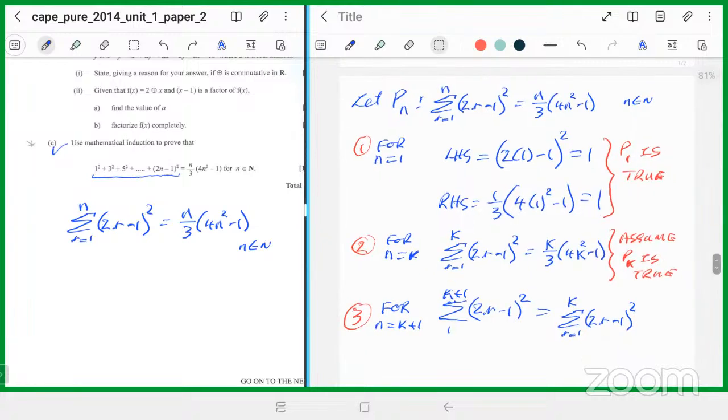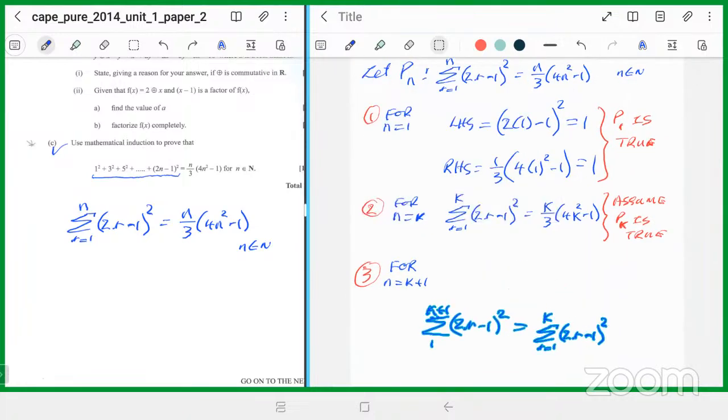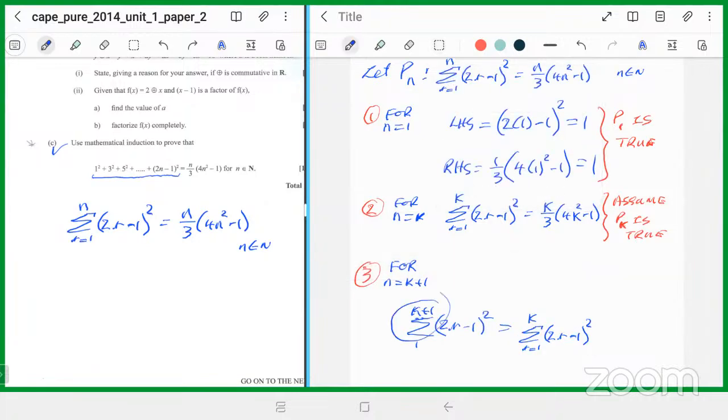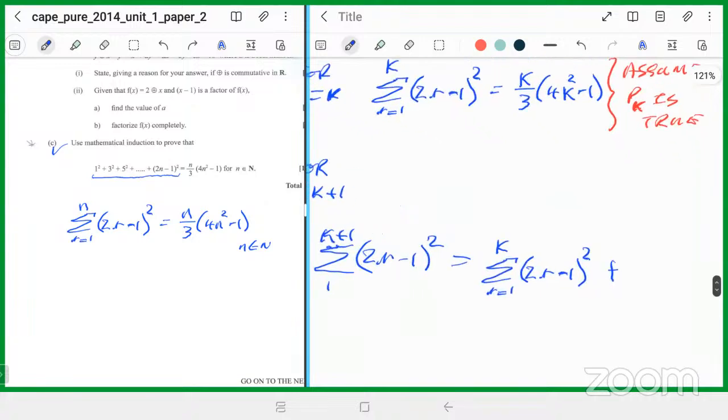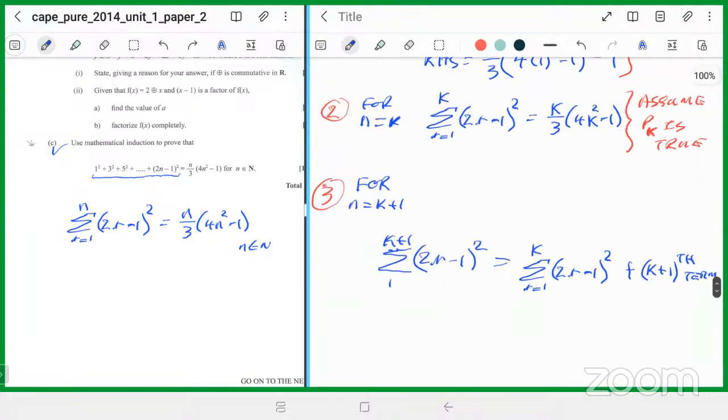Let me shift this down because I don't want that space to write. The sum to k plus 1 is equal to the sum to k terms plus what we call the k plus 1th term. So the sum to k plus the k plus 1th term.